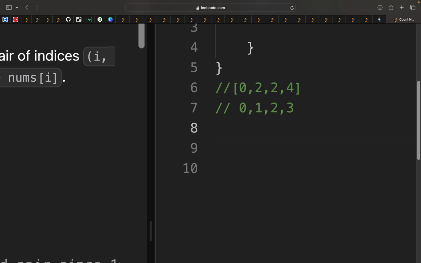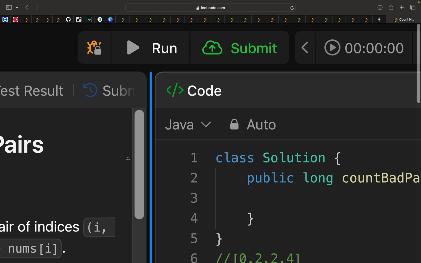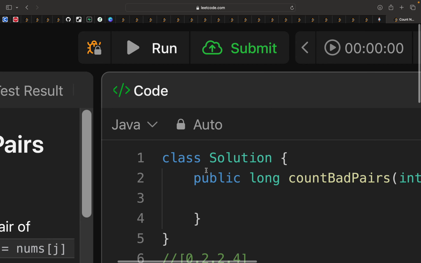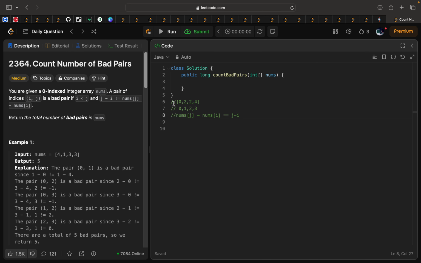So for a good pair, the difference between the numbers is equal to the difference between the indices. Okay, so these are the good pairs and bad pairs will be equal to the total pairs minus good pairs.